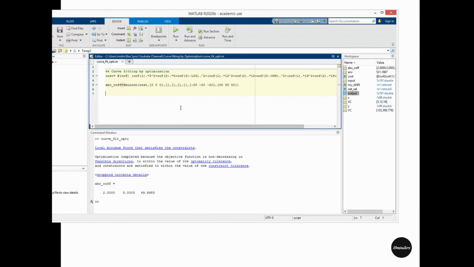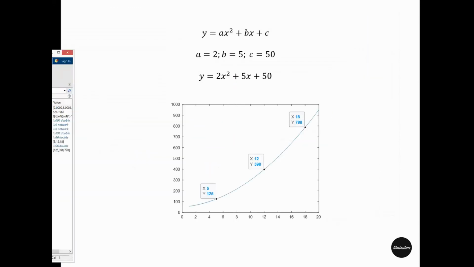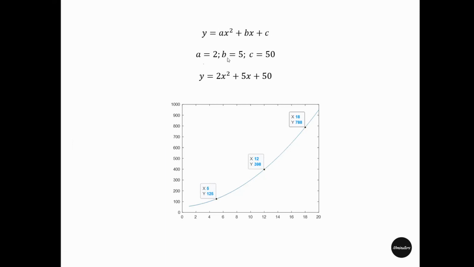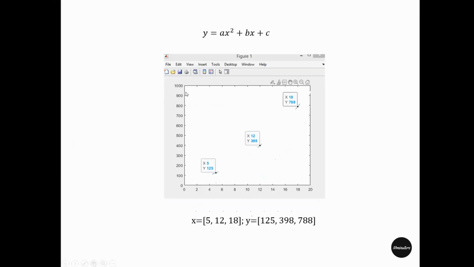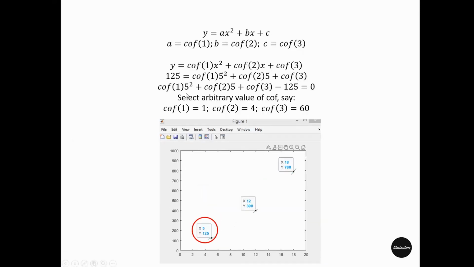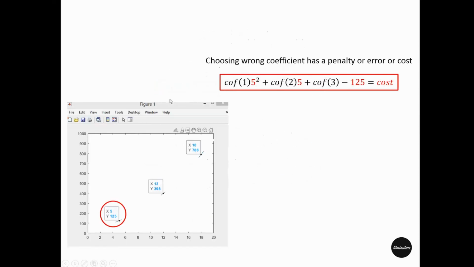So very quickly we have retrieved our coefficient values. This is a very simple example of how you can use optimization. But there are wide uses of optimization, and for many complex cases you can find those examples on our channel.